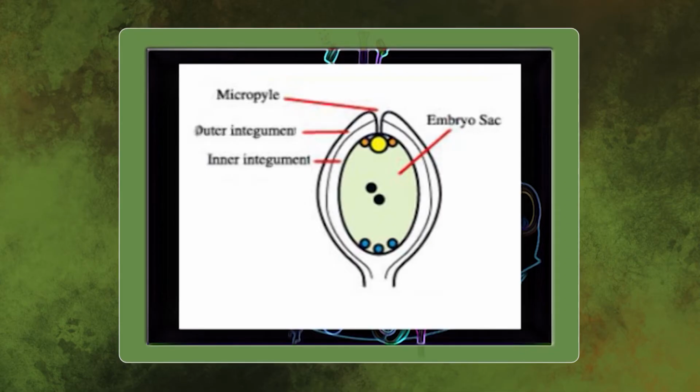Although the integuments initiate later, they grow faster than the nucellus and soon surround it completely except in the region of the micropyle. In a fully mature ovule, the outer integument is more massive and thicker than the inner integument.